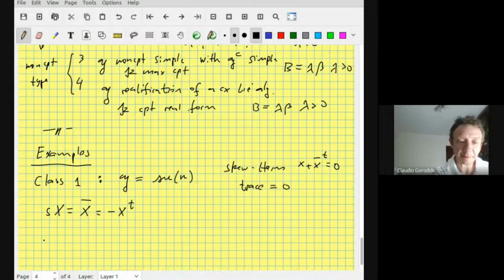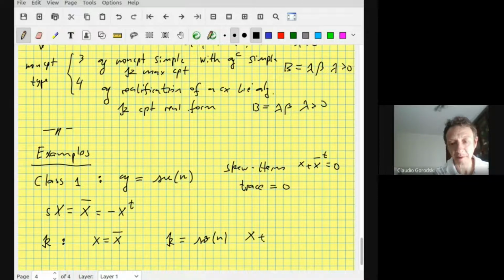And the fixed point set consists of matrices where X equals X bar, so real matrices in G. Therefore, we get SO(n) here, skew symmetric matrices.